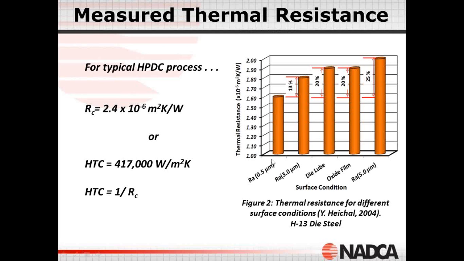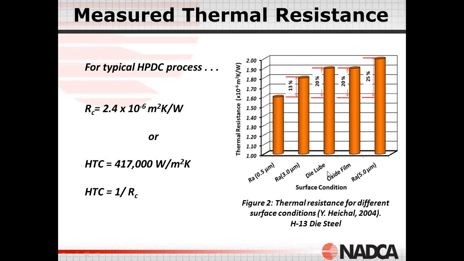So for H13 steel, we had the surface polished to a mirror finish, and we measured what that thermal resistance is. We then measured the increase in thermal resistance due to an increase in surface roughness, and this is an Ra value of 3 micrometers, which is about the typical surface roughness for a high pressure die casting die cavity surface.